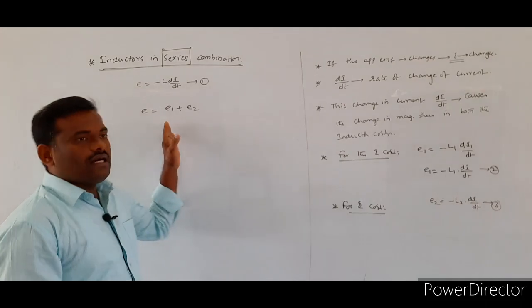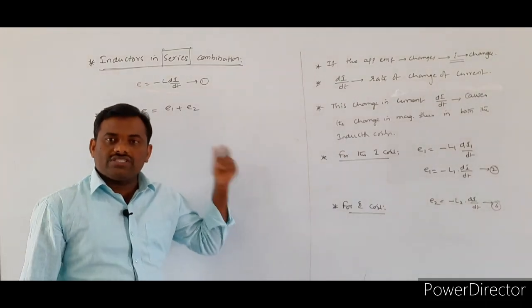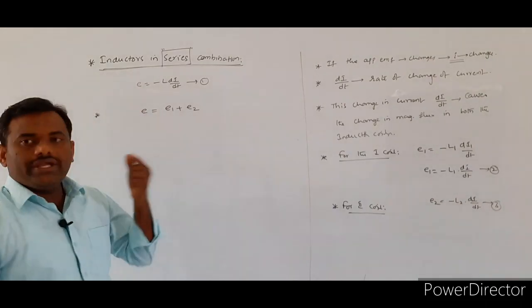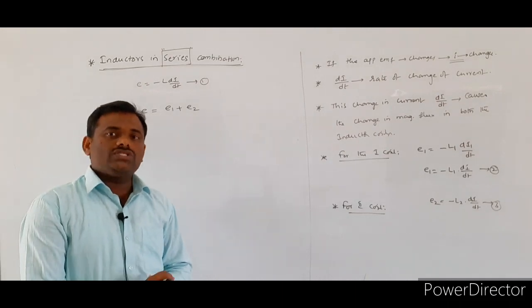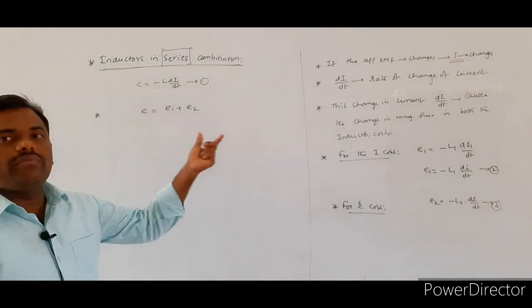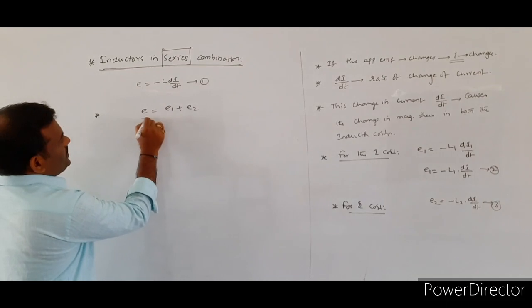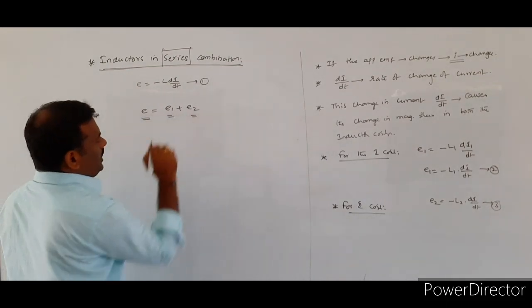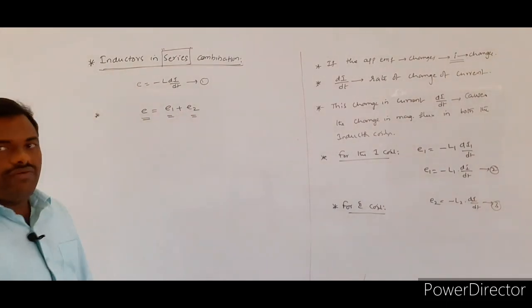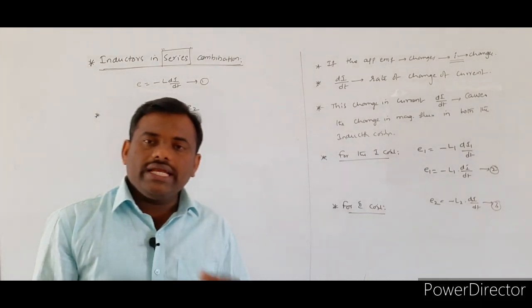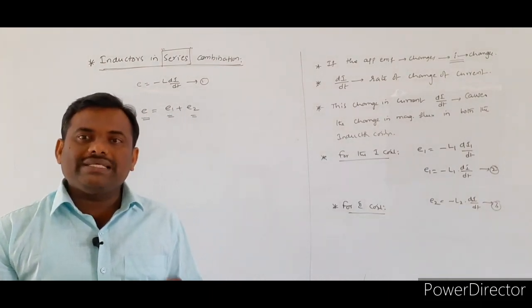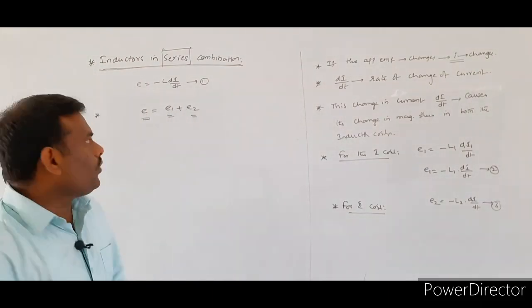E1 is the induced EMF across the first coil and E2 is the induced EMF across the second coil, so the applied EMF is equal to the sum of the individual EMFs across the given inductor coils.